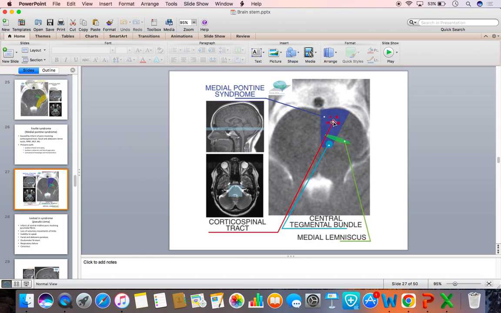You will have hemiplegia, hemianesthesia, and ipsilateral horizontal gaze paralysis, along with facial nerve palsy. So, if you look at the picture, you can understand the clinical presentation of this particular individual. That is Foville's syndrome.